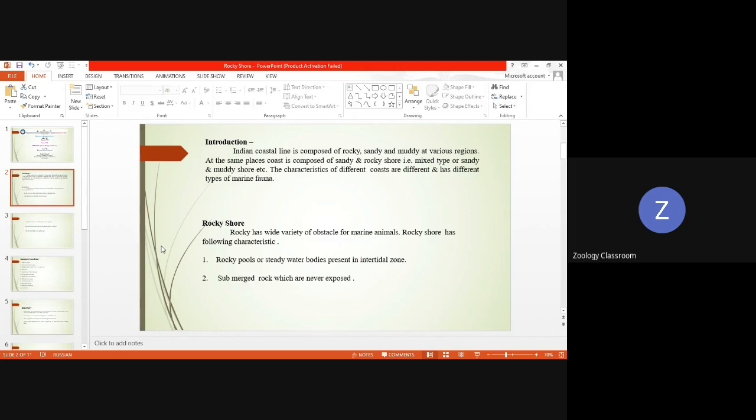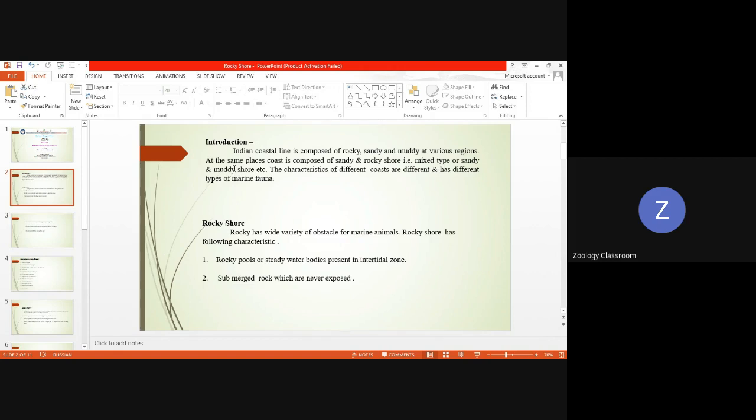Then certain snails such as dories, chitons, patella. These are the mollusks which are adapted for holding the rock with their foot properly, getting stuck to the rocks. Trochus, turbo, and other marine gastropods are also observed.